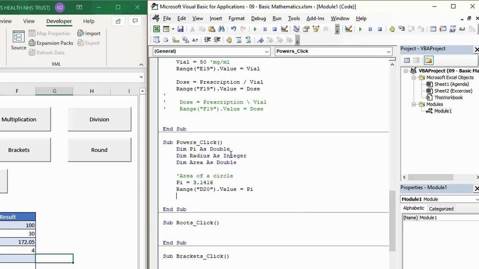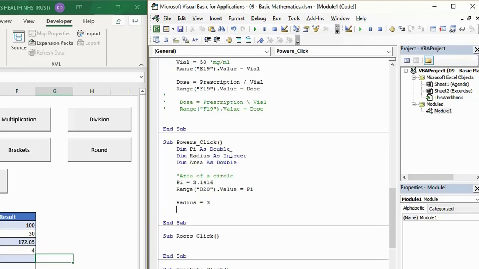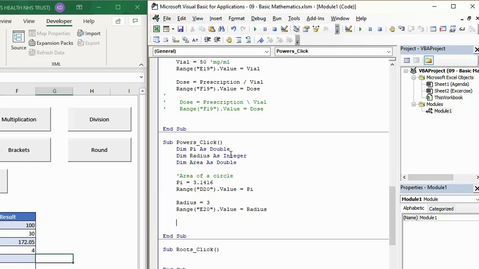Let's write that out to Excel. Next, let's set the radius and write that out to Excel. So area, as you know, is pi multiplied by r squared, radius, raised to the power 2.